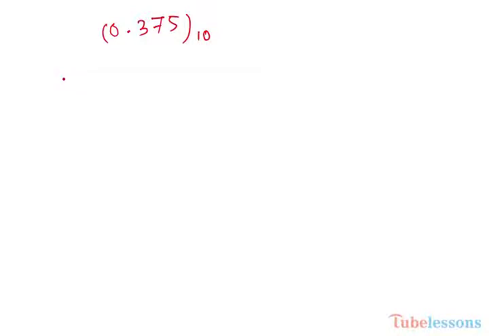So 0.375 multiplied by 2, the result is 0.750.